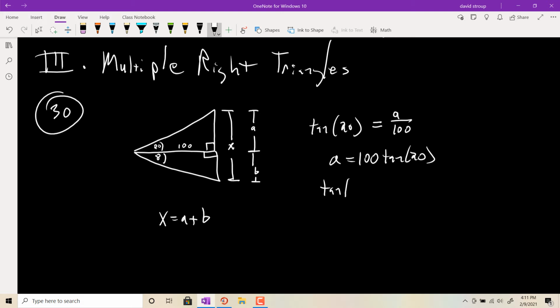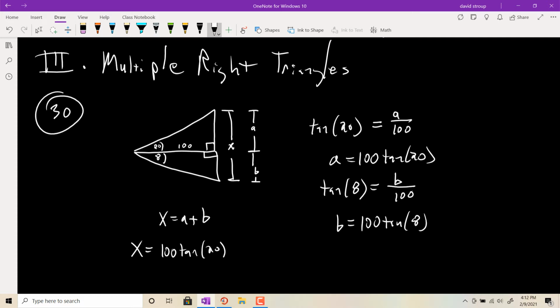Tan of 8 degrees is equal to opposite, which in this case is b, all over adjacent, which is 100. Solving for b, I get 100 tan of 8. So ultimately x is just going to be 100 tan of 20 (a) plus 100 tan of 8 (b). And then you just go to your calculator.